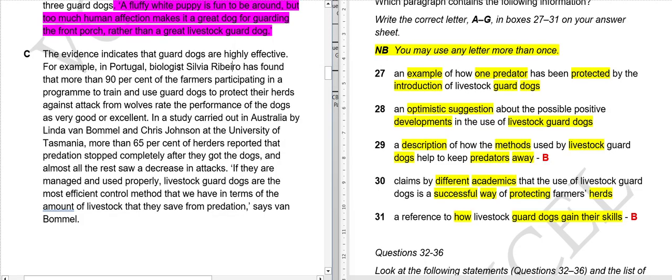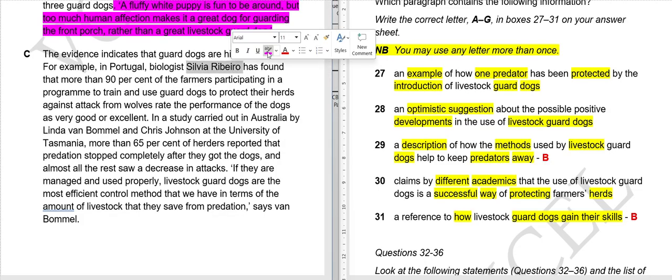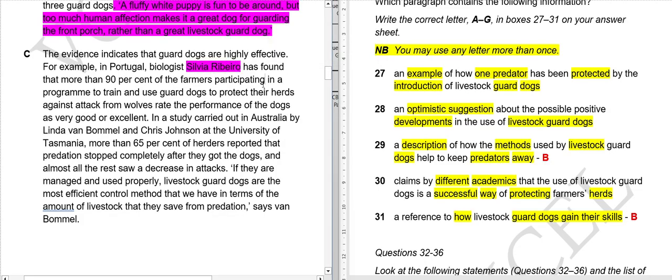Let me highlight. Silvia Ribeiro has found that more than 90% of the farmers participating in a program to train and use guard dogs to protect their herds against attack from wolves rate the performance of the dogs as very good or excellent.